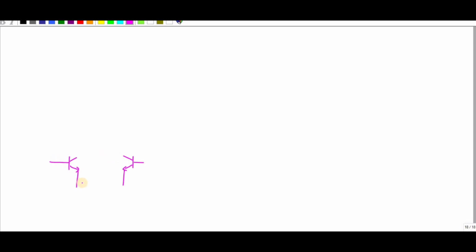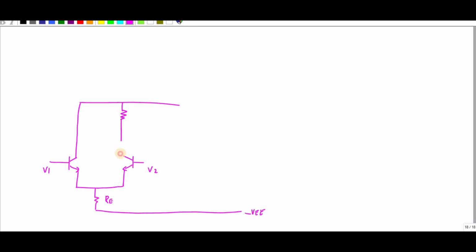This is your V1 and this is your V2, and here you have an emitter resistance which is connected to minus VEE.